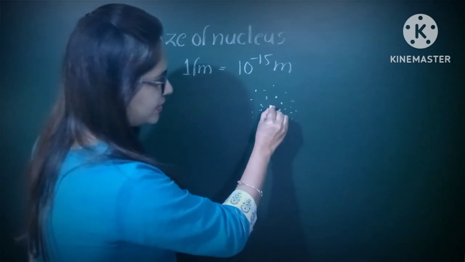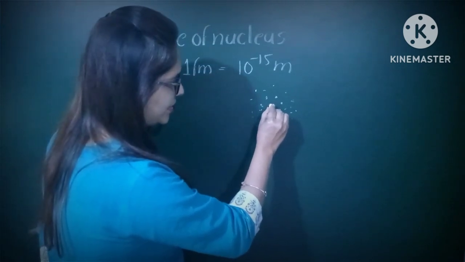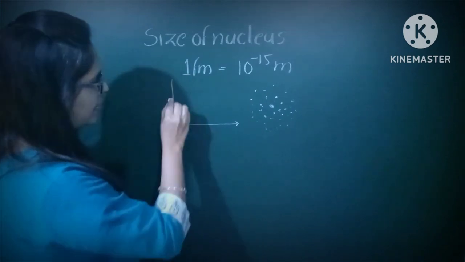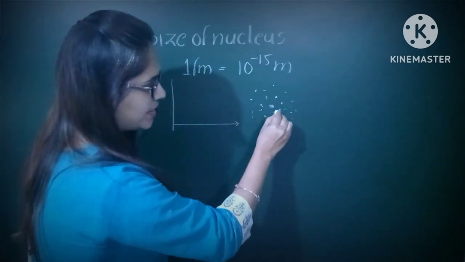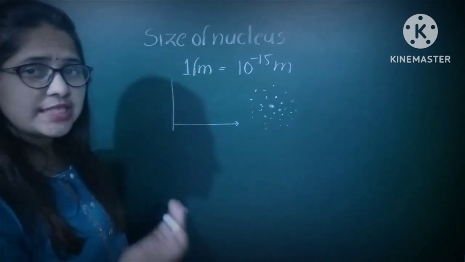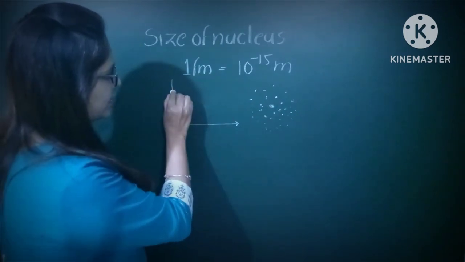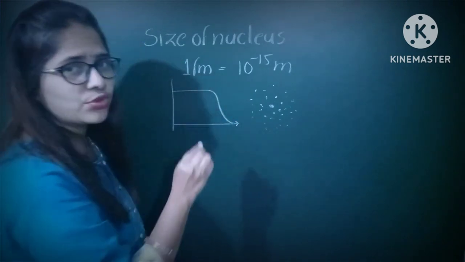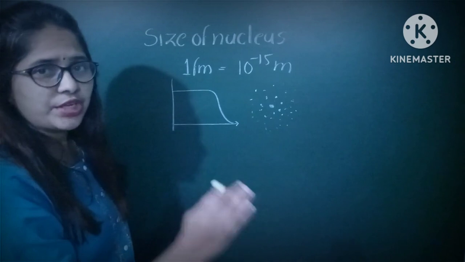If I take the distance from the center and draw the graph of the charge distribution along with the distance, it is seen that the charge distribution remains constant up to a certain distance, and then it goes on decreasing exponentially.